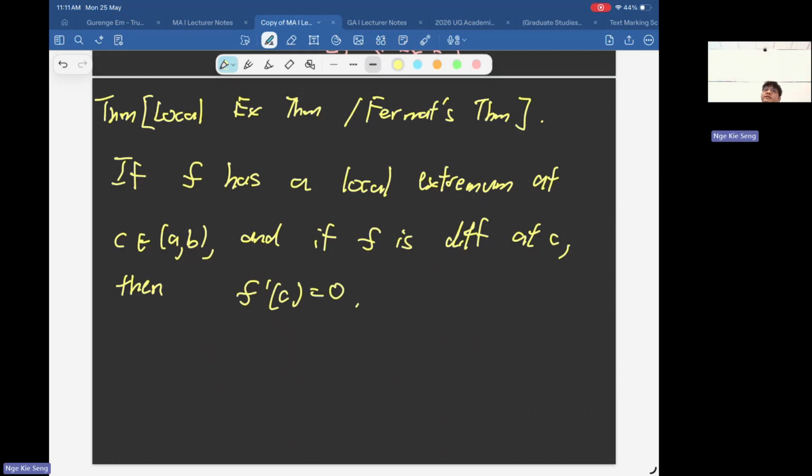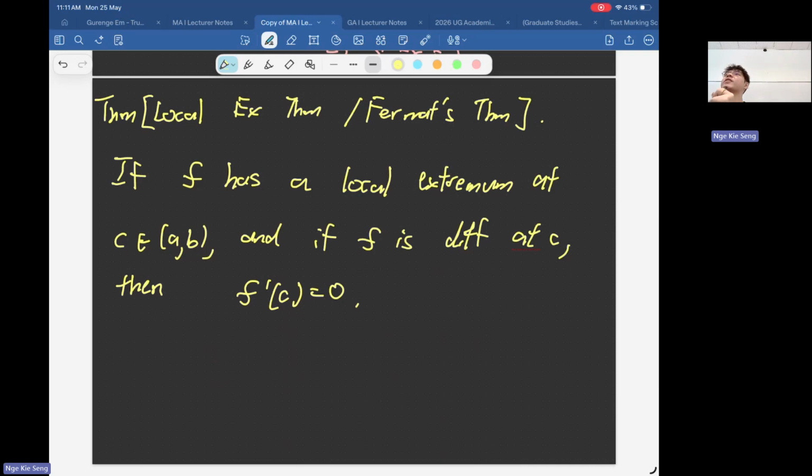So maybe I want to talk about the significance of this theorem first before I prove it. Just now, when I told you about the local extreme point, what did I tell you? You just go and compare your f values. But here, it relates to differentiability.